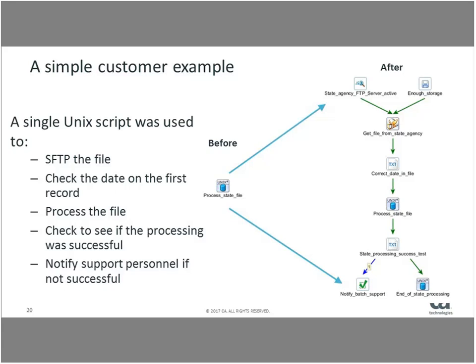It was really one Unix shell script doing all that, but once they took out the components that were out-of-the-box job types, in this case with D-Series, and did it from a component standpoint, they actually gave better transparency as to what the process was doing.